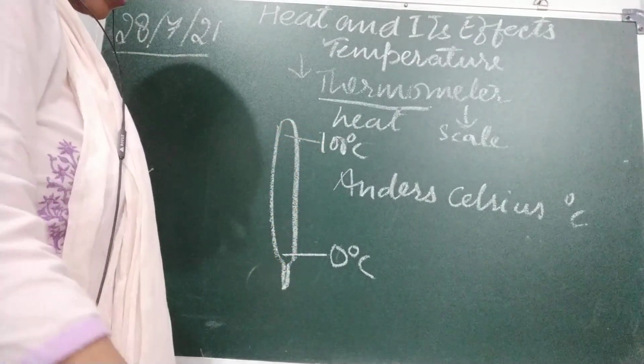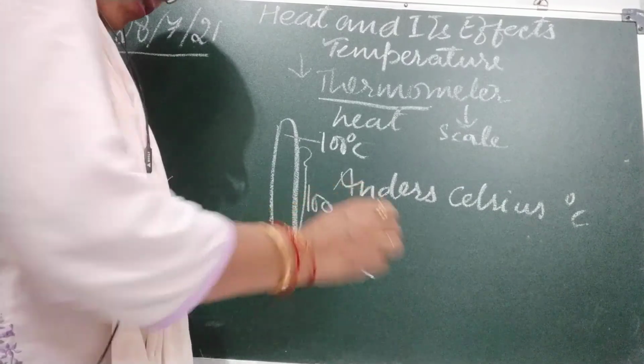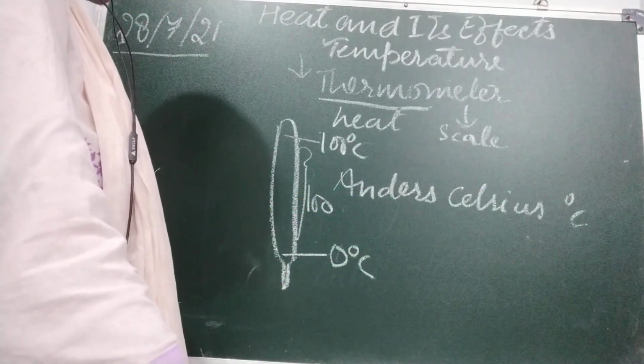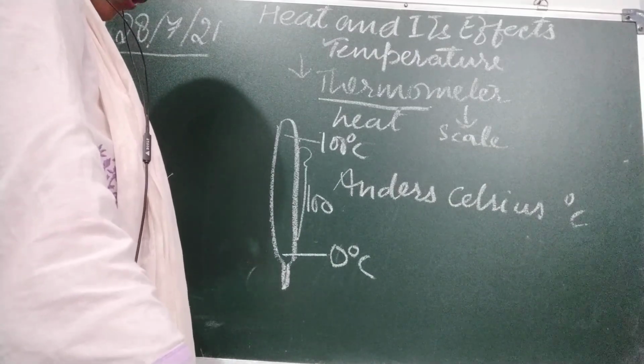The interval between the two fixed points is divided into 100 divisions.